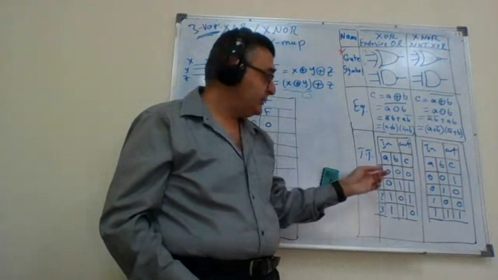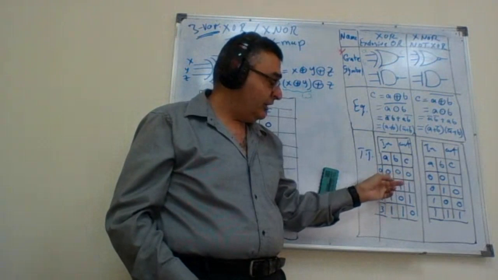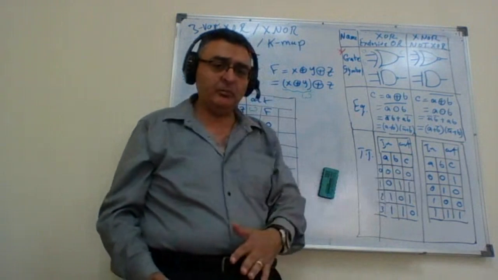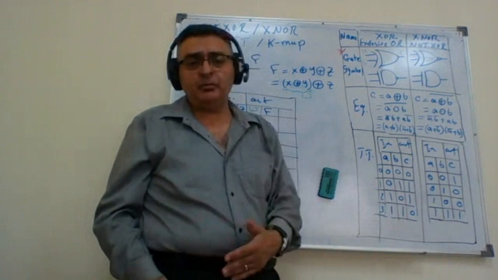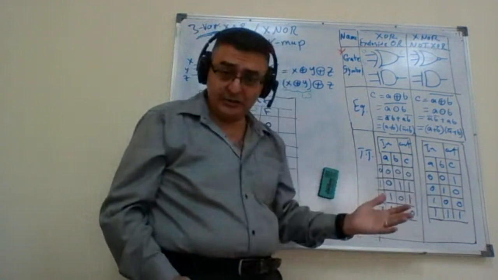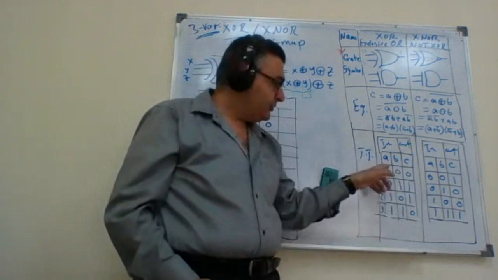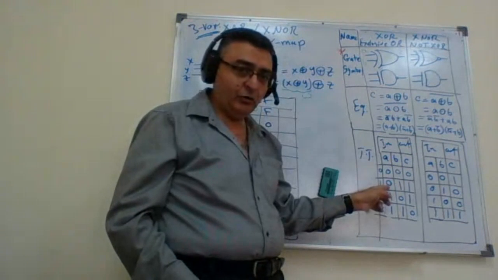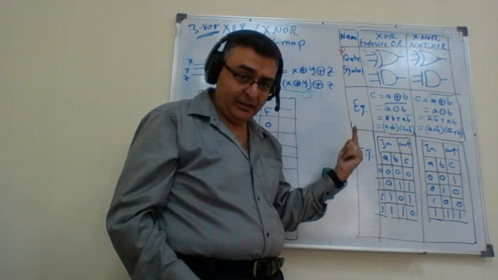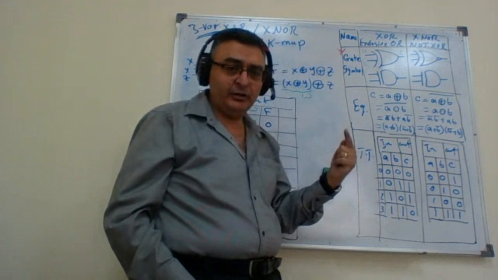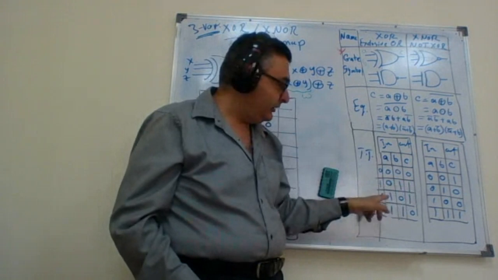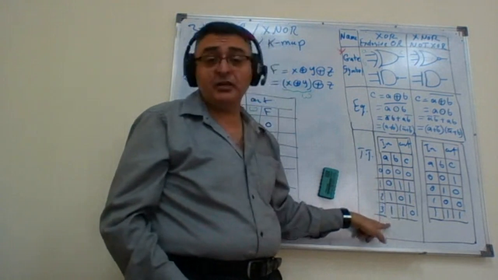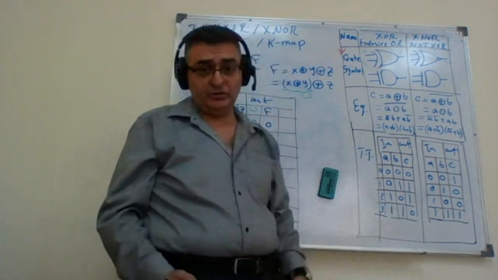Can we apply it here? Yes. 0 XORed with 0: how many ones do you have here? Do you have an even or odd number of ones? You have an even number of ones because you have 0. 0 is an even number. So the XOR is 0. Here you have only 1, so it's odd. So I have 1. Here also odd, only 1. Here I have an even number of ones because I have 2 ones.